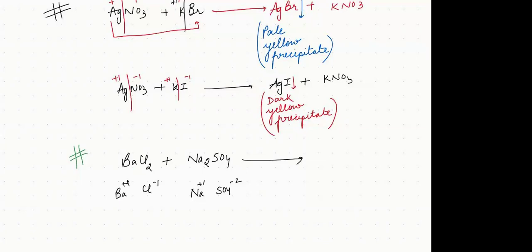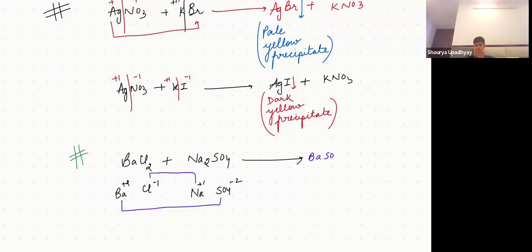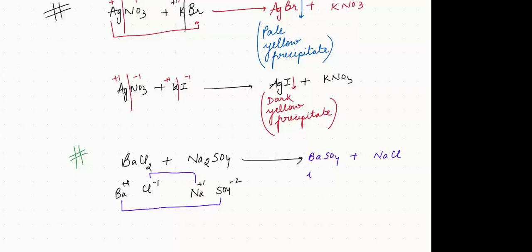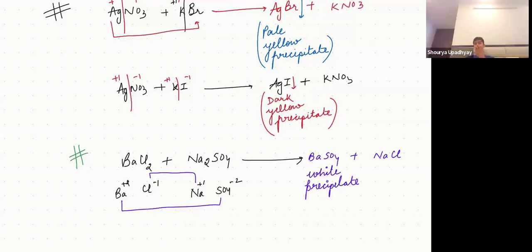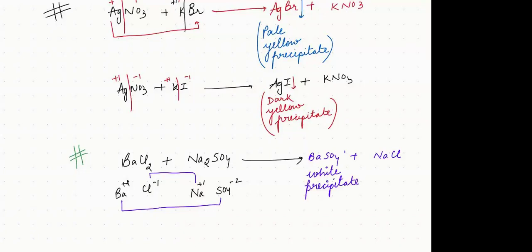So positive goes with negative, and positive goes with negative. It is going to form BaSO4 plus 2 NaCl. This is going to be a white precipitate. Barium sulfate is going to be a white precipitate. Did you understand? Yes, ma'am.